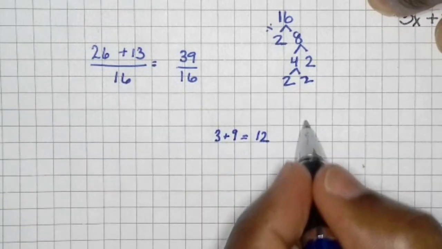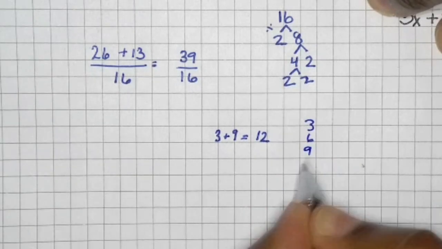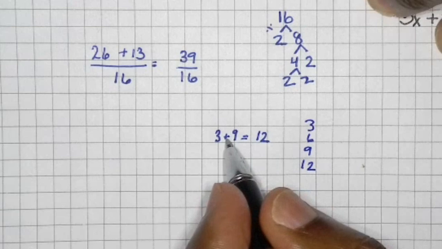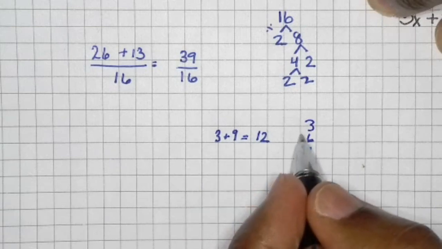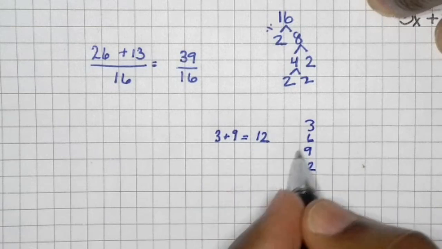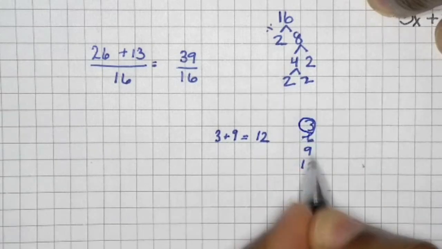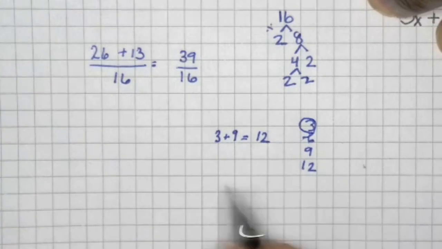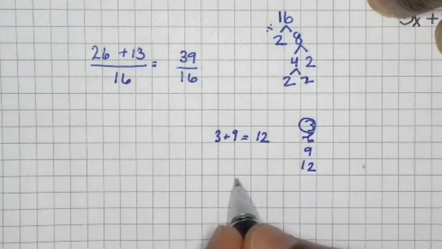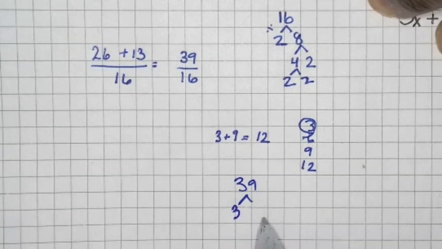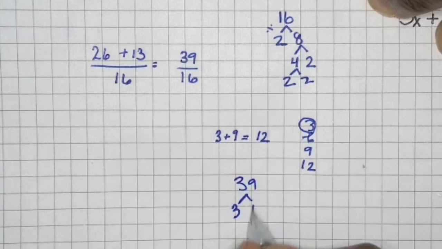Look at it. 3, 6, 9, 12. If when you add up the digits of a number and the answer equals one of your 3 timetables, then you can use 3 as one of your factors. So 39 can be factored with a 3. 39 divided by 3 is 13.